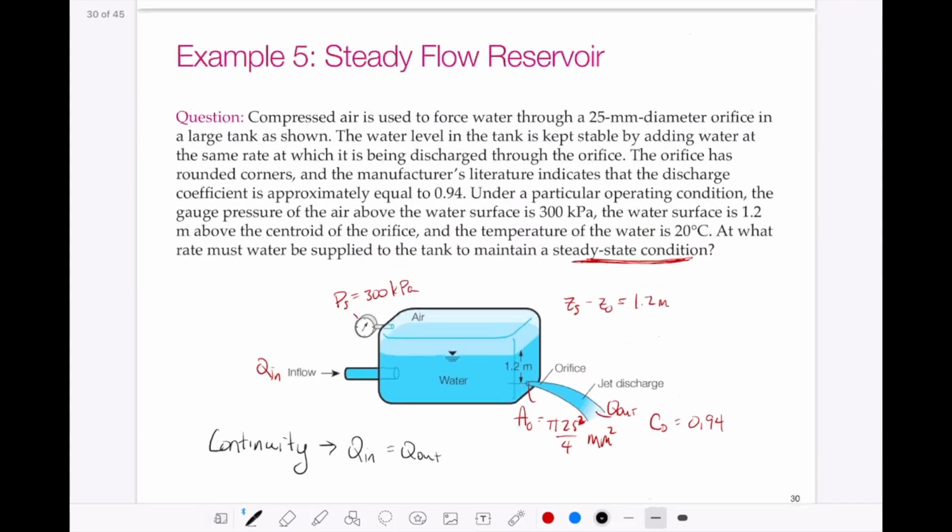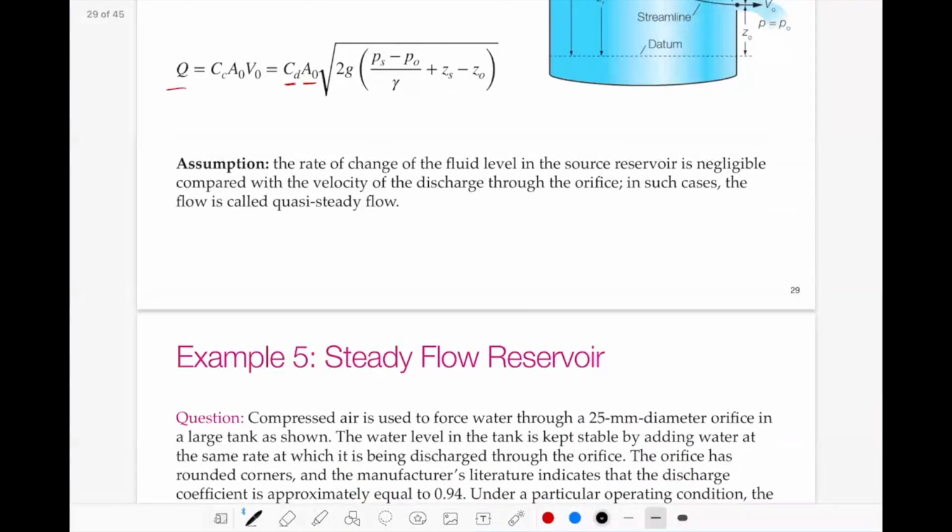So let's write our equation for discharge from a reservoir.